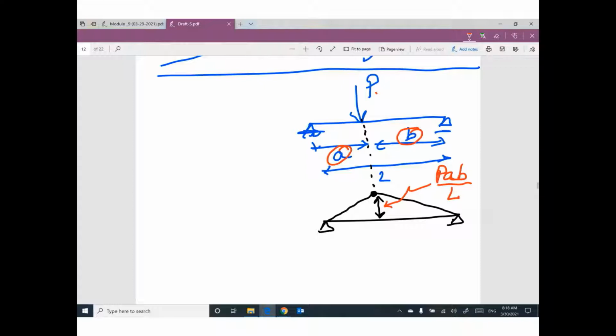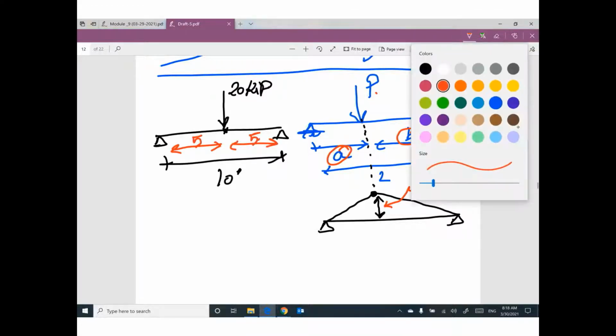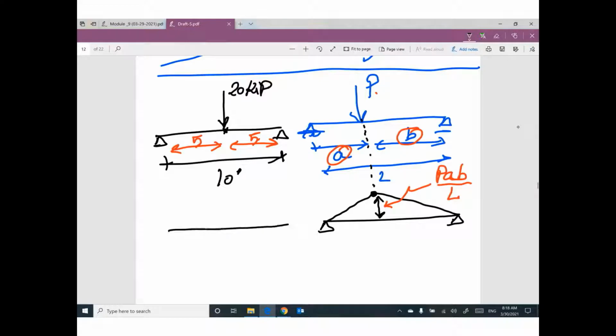Any question? For example, if you have beam with length 10 feet and you have concentrated load 20 kip at midpoint. At midpoint means this distance will be 5, this distance will be 5. Anybody can tell me what is the shape of the bending moment diagram? Yes, I can. The shape of the bending moment diagram in this case will be triangle.